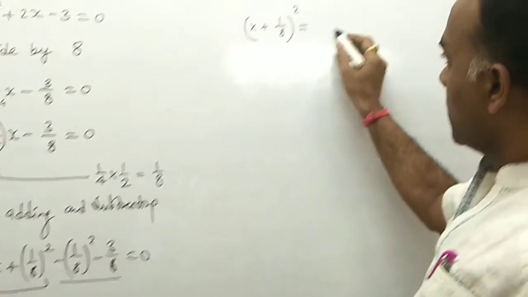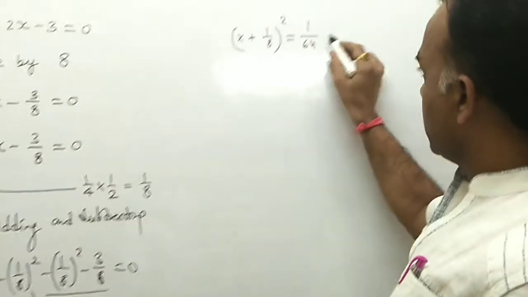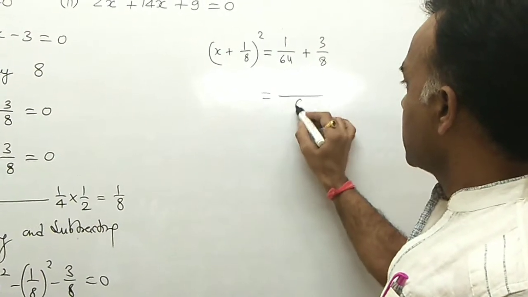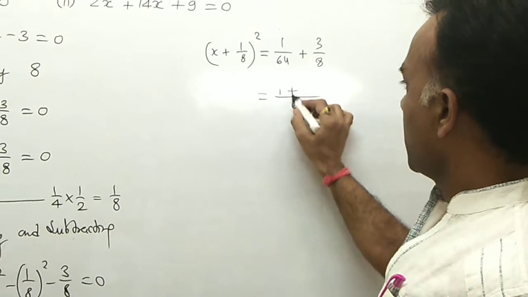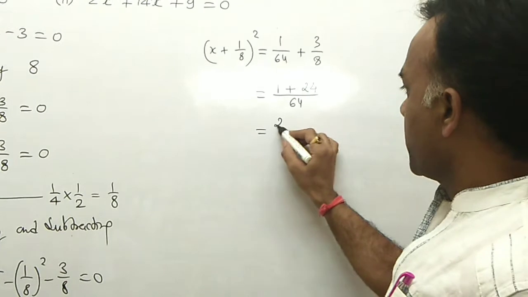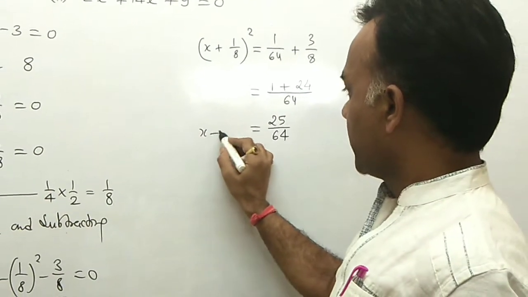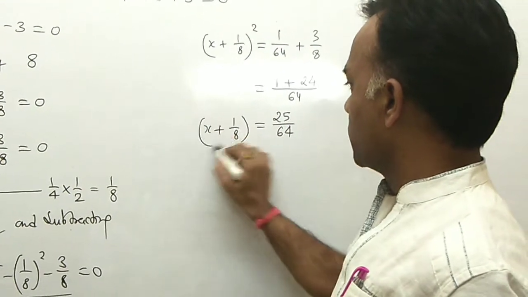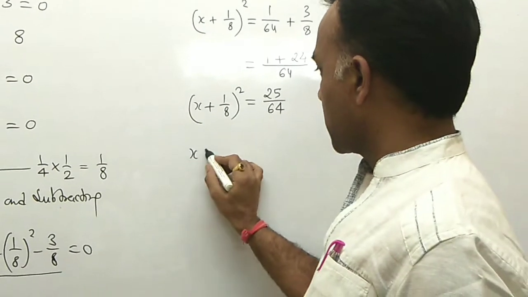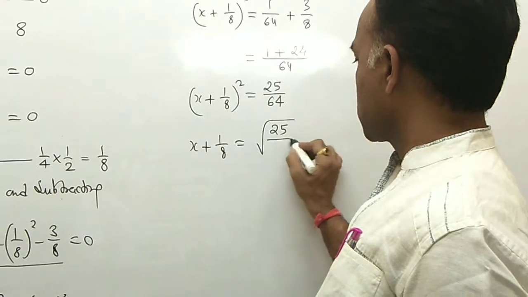Now the square sign on the left is removed, so on the right hand side it becomes a square root. You put the root sign on 25 by 64.